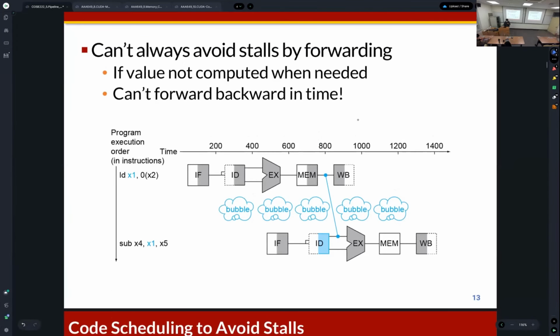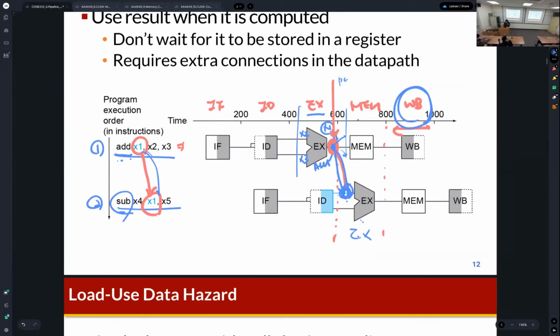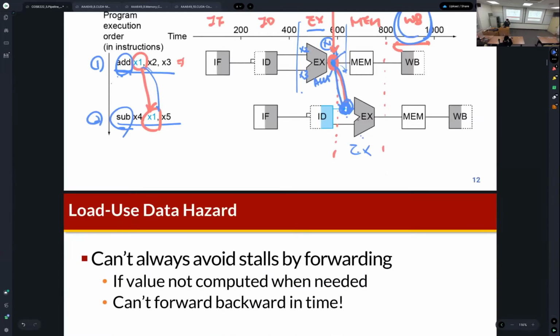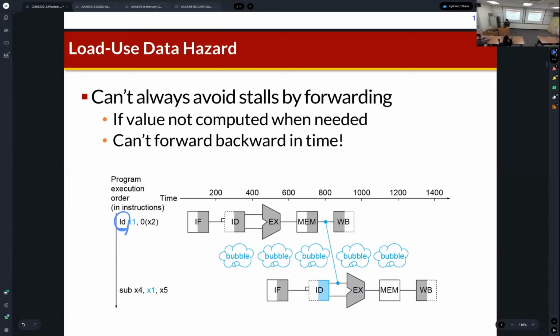But consider the former instruction. If the former instruction is an R-type arithmetic or logical instruction, then the result of this instruction is generated after the ALU, which means the late part of the EX stage. But if the former instruction is a load instruction, then the result of this load instruction is generated at this point, right?